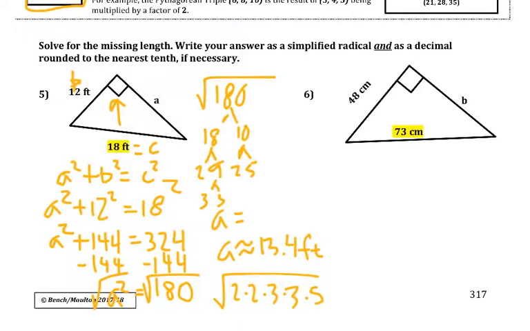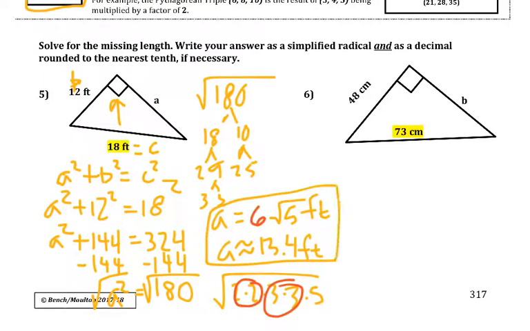And so I'm going to get a 2 and a 3 out of the square root. So 2 times 3 is 6. So I'll have 6, and then inside I'm going to have the square root of 5. And then don't forget your units, feet. So the exact value of a is 6 square root 5 feet. And the approximate value of a is 13.4 feet.